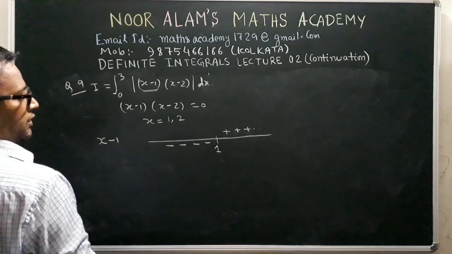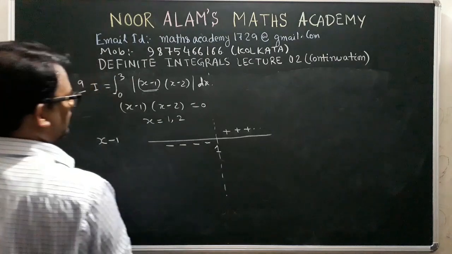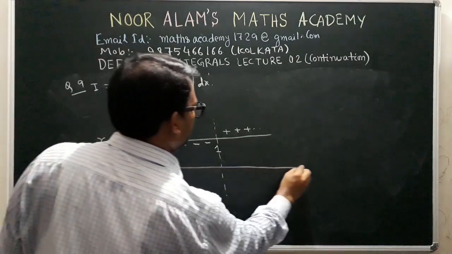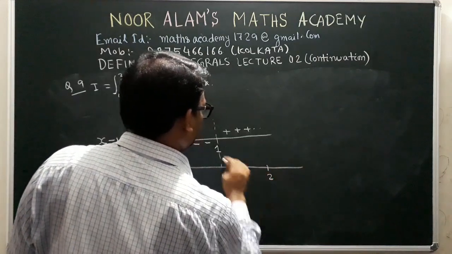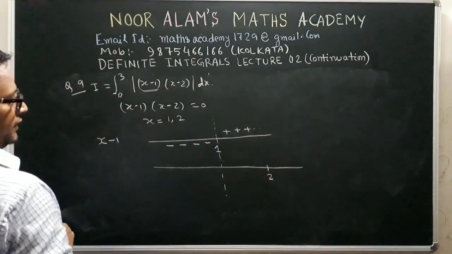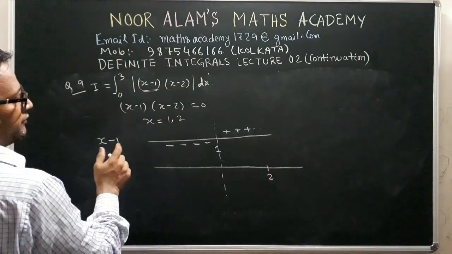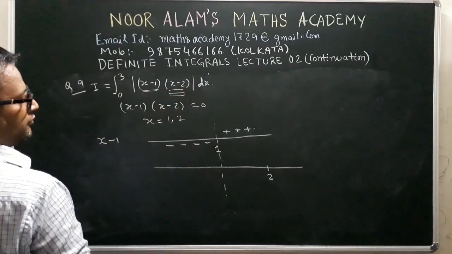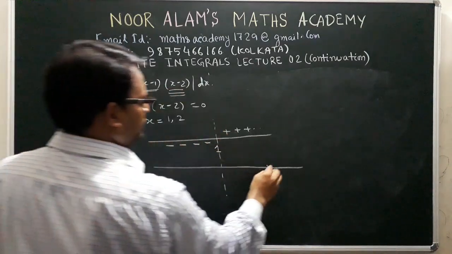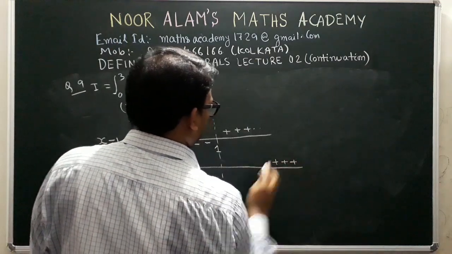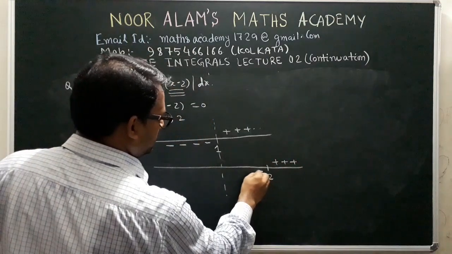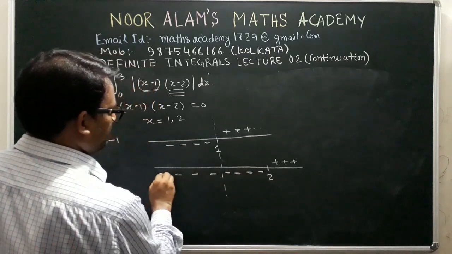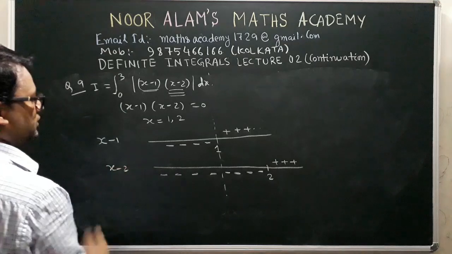Okay, now we draw one vertical line from 1. Now put x is equal to 2. Now for this we take another line. Here we put 2. 2 is to the right of 1. So now here we see that this term will be positive if you put any value of x more than 2, and less than 2 the term x minus 2 is negative. Okay, this is for the function x minus 2.